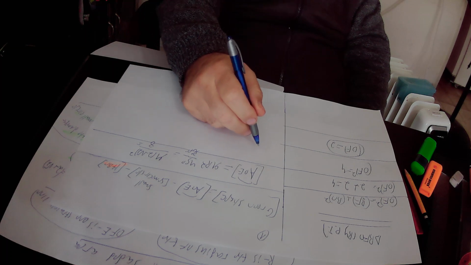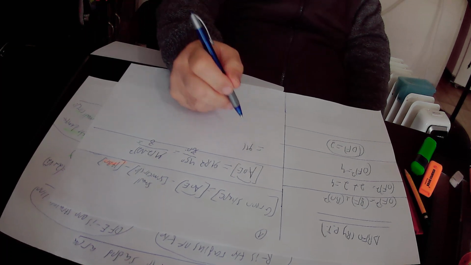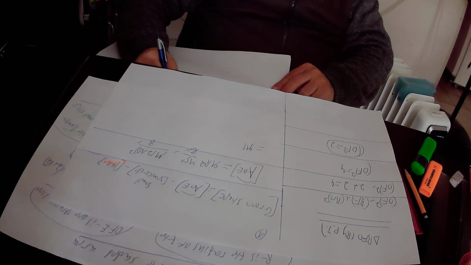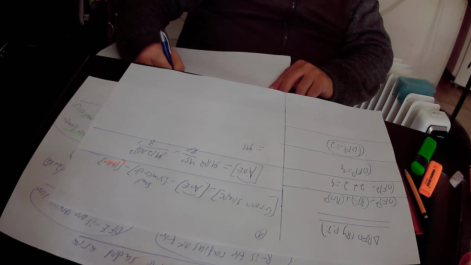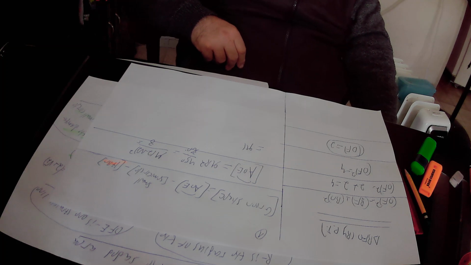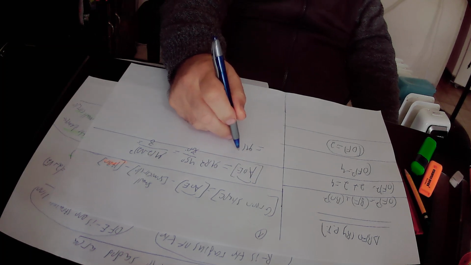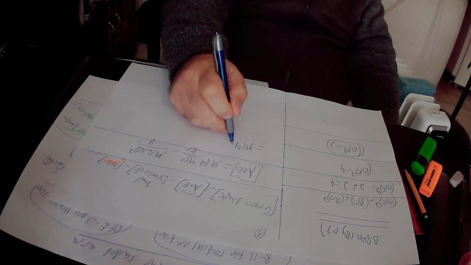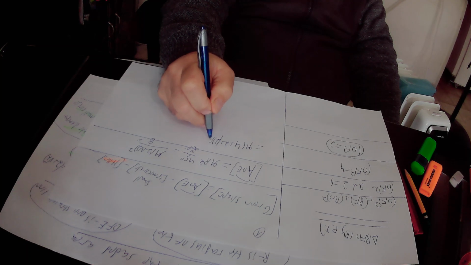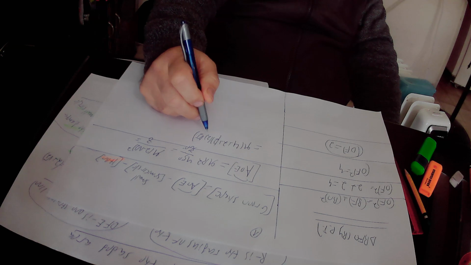According to the algebraic identity that a plus b squared equals a squared plus b squared plus 2ab, 2 plus square root of 2 squared equals 2 squared, that is 4, plus square root of 2 squared, that is 2, plus 2 times 2 times square root of 2, all divided by 8.